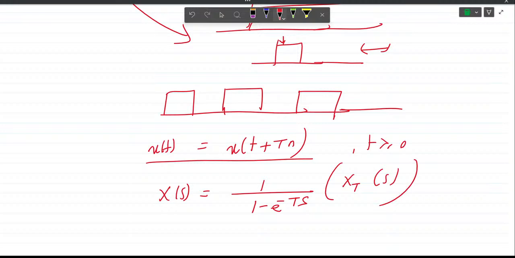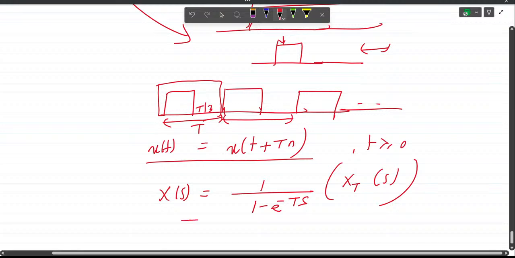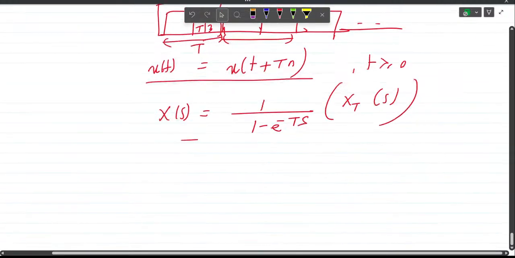What is this X1 of s? That is the Laplace transform of one period. What is the period of this periodic signal? This is the period. Let's say this is T, and this is T by 3. So for one period you need to find the Laplace transform and multiply, and you get the Laplace transform of the periodic signal.